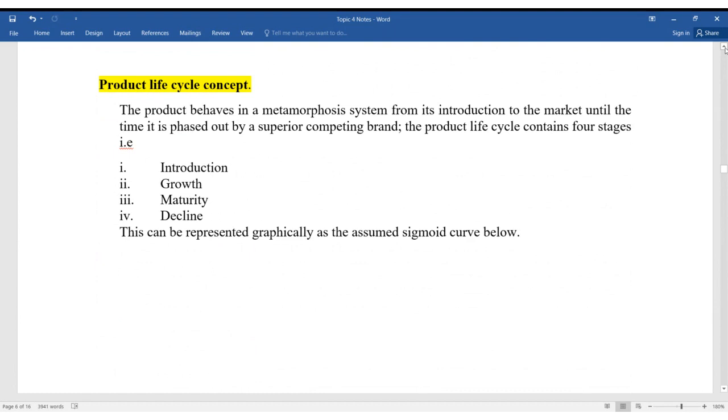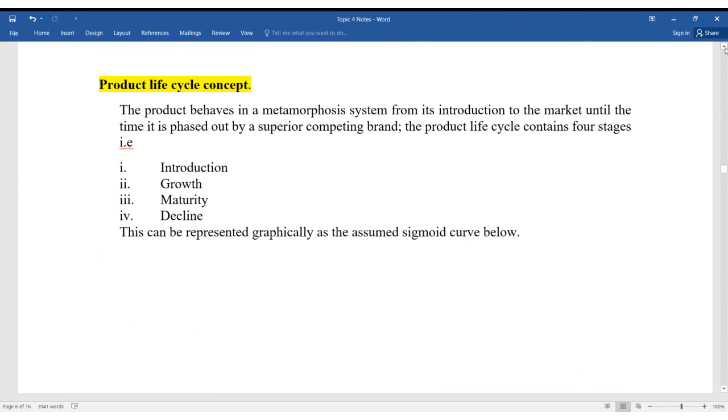Just like in any other life, maybe life of plants, human beings, animals, even products have got a life cycle. It is the behavior which takes a product from the time it is made, introduced, how it grows, how it matures, and how it declines.